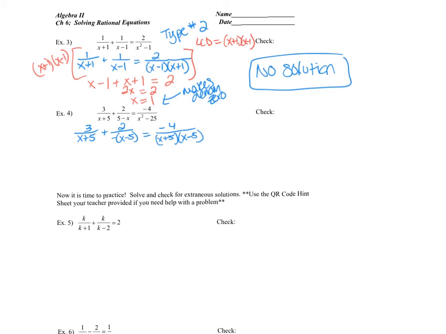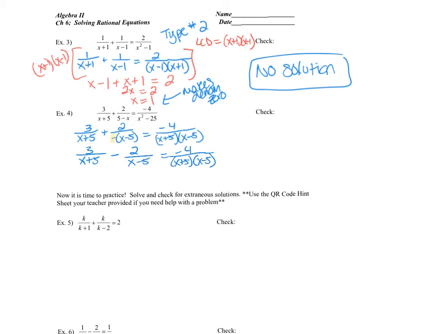Now just remember that this negative is just going to turn this fraction into subtraction instead of addition. So I have 3 over x plus 5 minus 2 over x minus 5 equals negative 4 over x plus 5 times x minus 5.